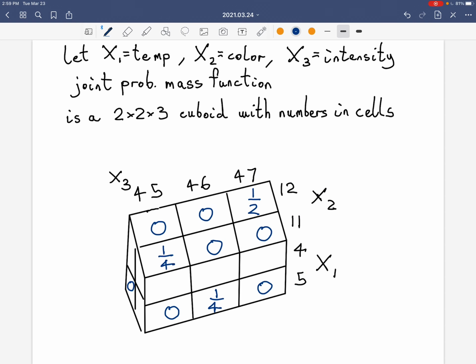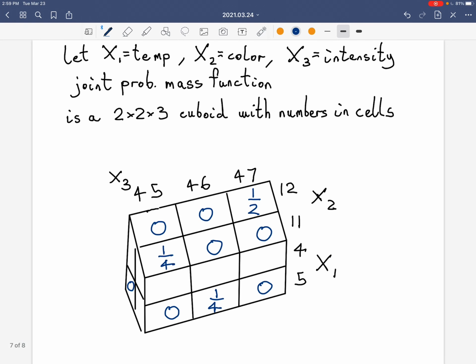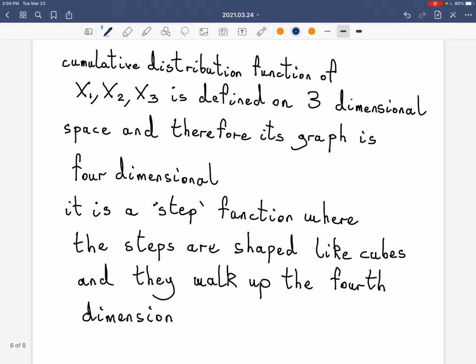Well, I'm trying to match 5, 11, 45, and there are no matches in my table for 5, 11, 45. So that's why I put the 0 there. Okay, so hopefully you have a sense of how a computer that wasn't restricted by the structure of the human eye could manipulate even higher dimensional tensors involving more than 3 random variables.